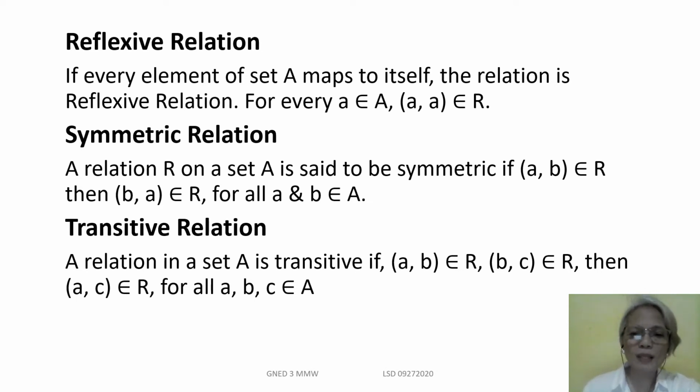What about transitive? This time, you have the ordered pairs (a, b), (b, c), and from here, we say that a is related to c. So again, (a, b) is a relation, (b, c) is a relation, and therefore by transitivity, (a, c) is also a relation, having a, b, c all elements of the set A.